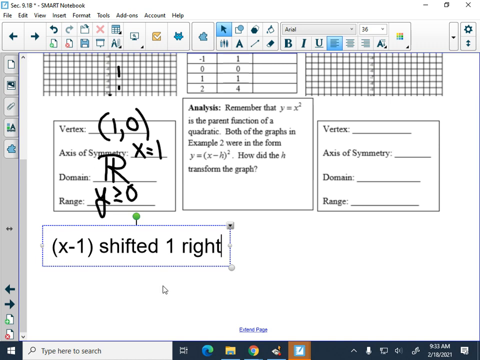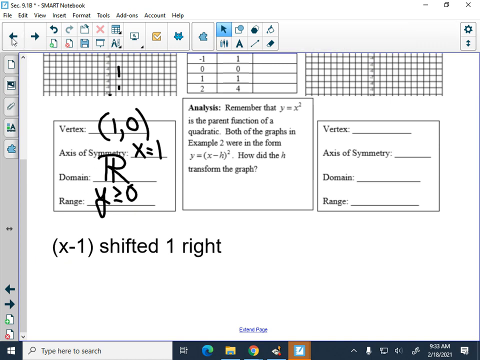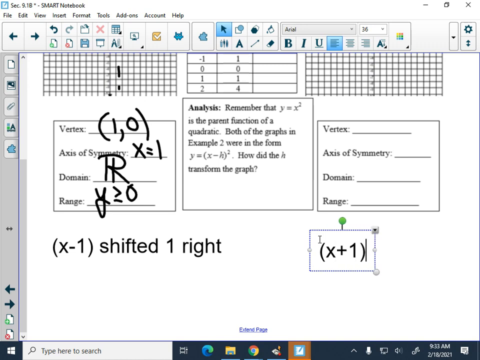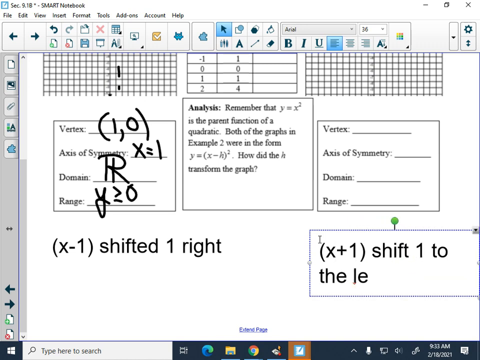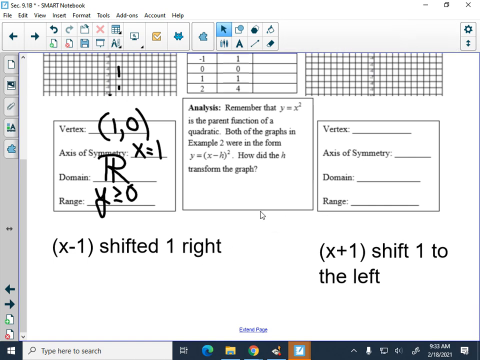We see that if we compare it to the original graph, it moved it 1 to the right. So this one, we're taking a guess that x plus 1 will shift 1 to the left, correct? We think it'll be the opposite, so let's see if we're correct.